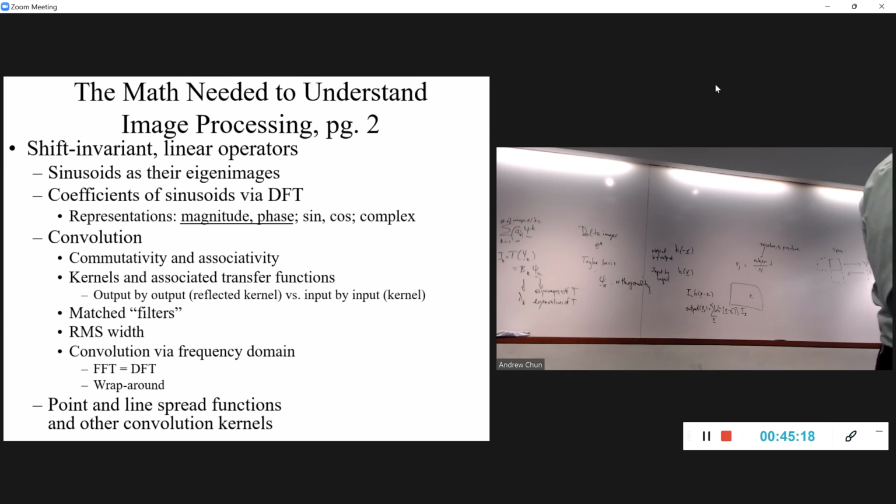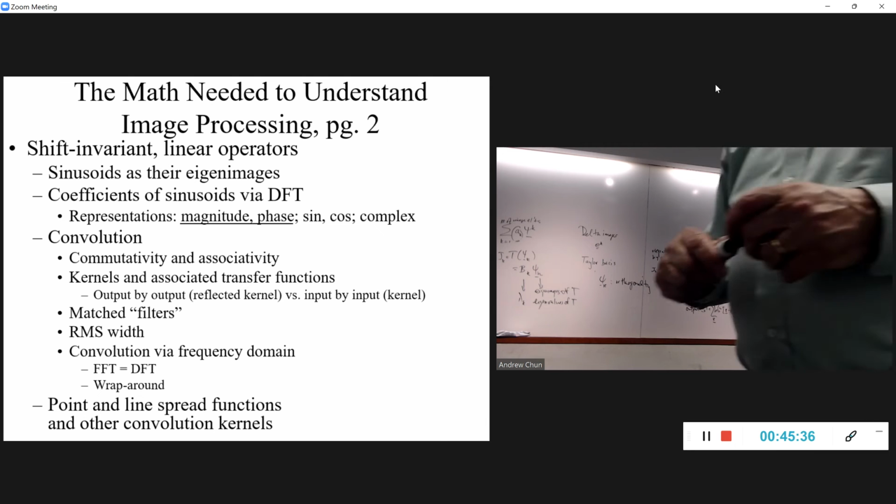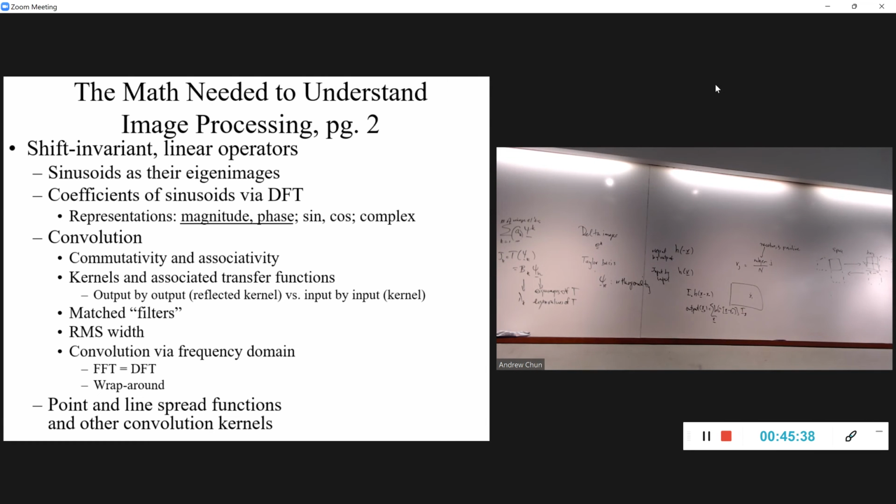If you're going to apply operators T1, T2, and T3, where you apply first T1 and then T2 and then T3, you can compute T1 and T2 result and then apply T3, or you can apply T3 and then apply T1 T2, and because of commutativity and associativity, you can mix and match.